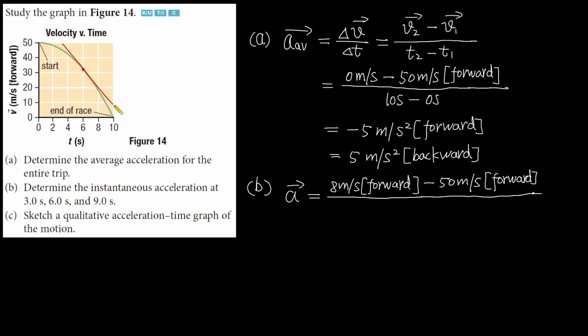For the time at the right hand, the time is 10 seconds minus at the left hand, the time is around 3 seconds. So here is 3 seconds. And this equals negative 6 meter per second square forward.